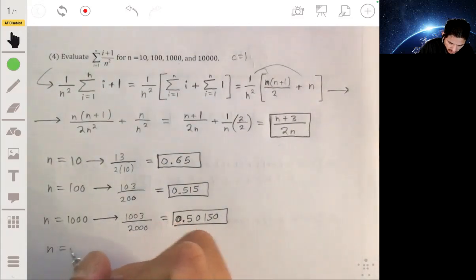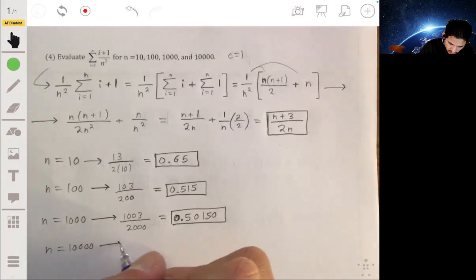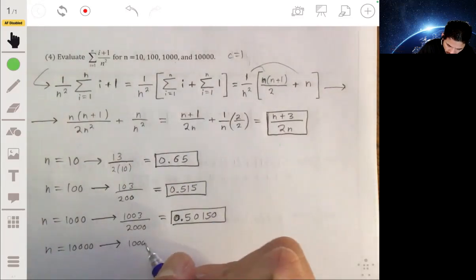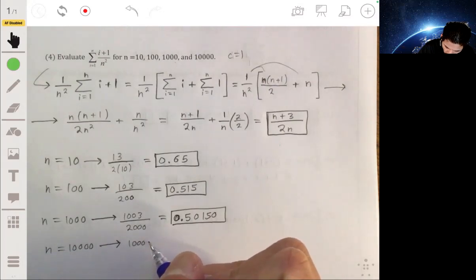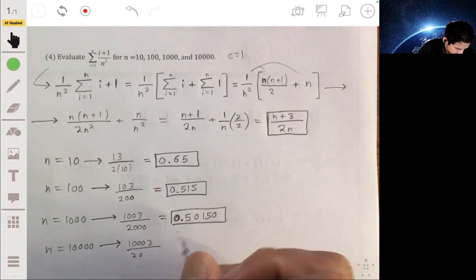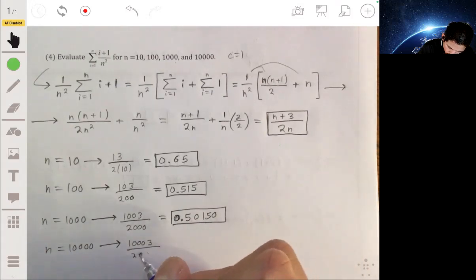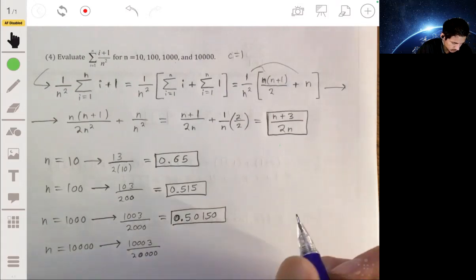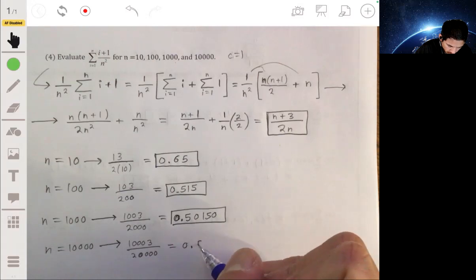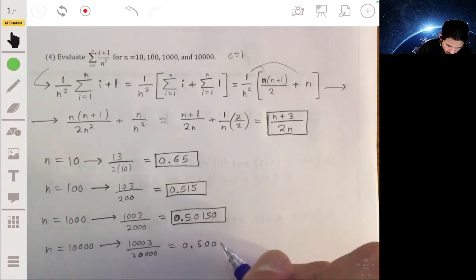And for n equals 10,000, I'll get 10,000 and 3 over 20,000, which would be equal to 0.50015.